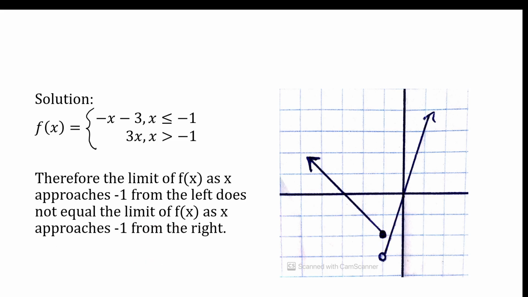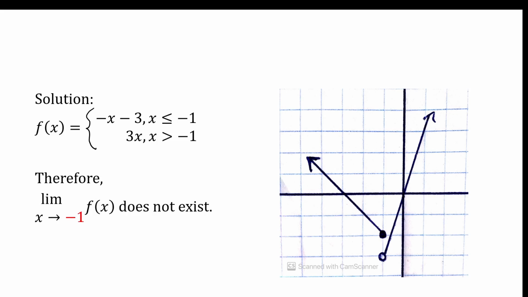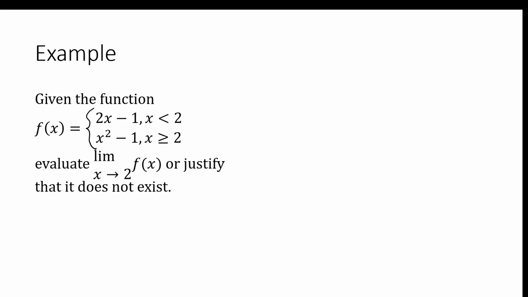So the limit of f of x as x approaches -1 from the left exists, but it does not equal the limit of f of x as x approaches -1 from the right. So since they don't equal each other, we make the statement, the limit as x goes to -1 of f of x does not exist. Each of the one-sided limits exists, but the limit itself does not exist.